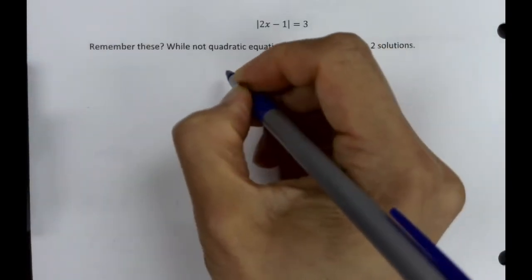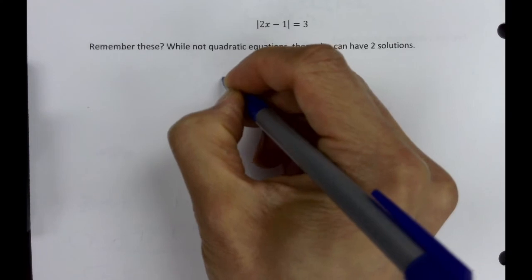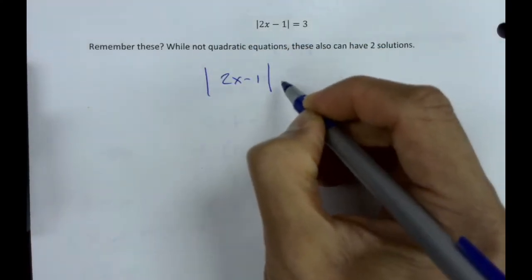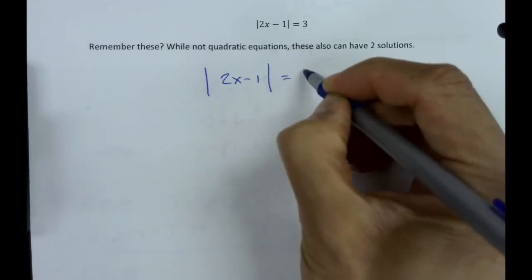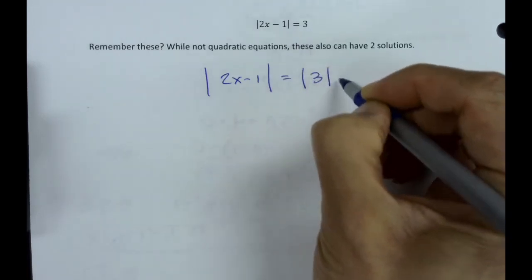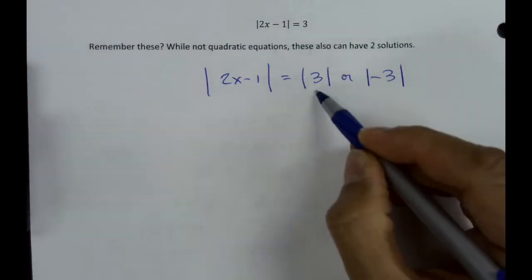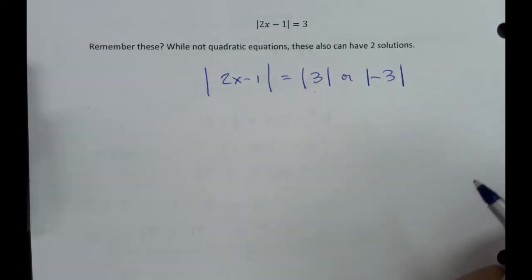If you said, hey, we can look at what is inside here, because this is either, right, either of those will give us 3.